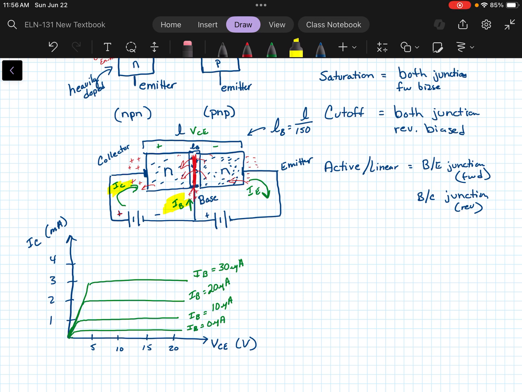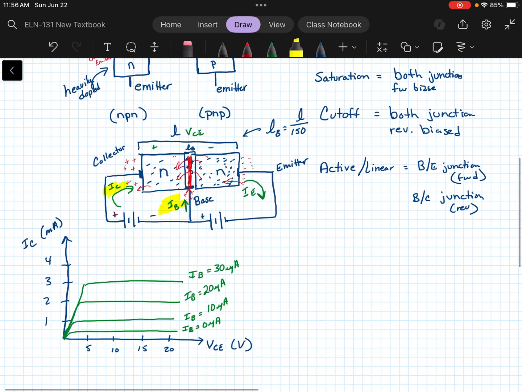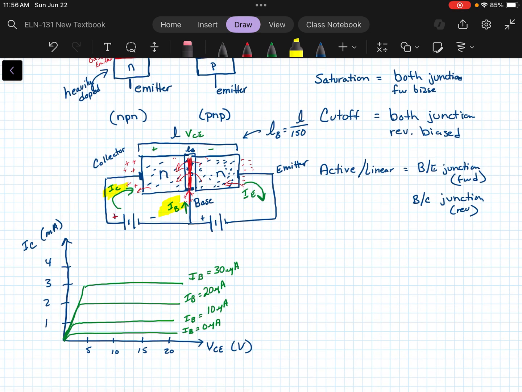And so let's look at each of our conditions here. Now the cutoff, when both of our junctions are reverse biased, occurs down here where we don't have enough base current to turn on the transistor. So we could have a voltage across the collector to emitter, but we're not going to have any current.